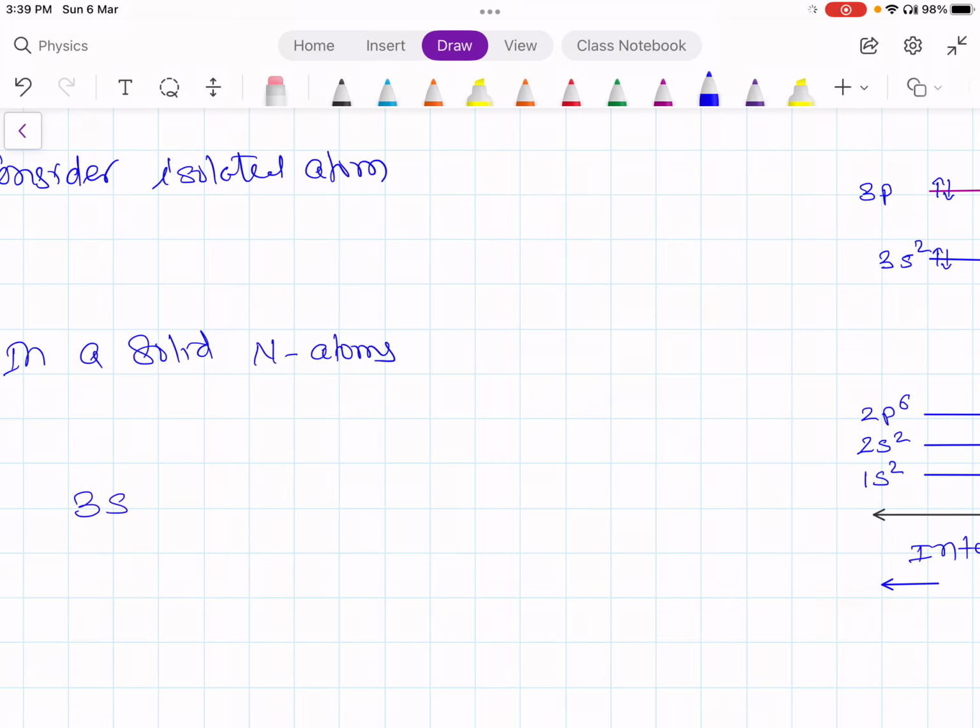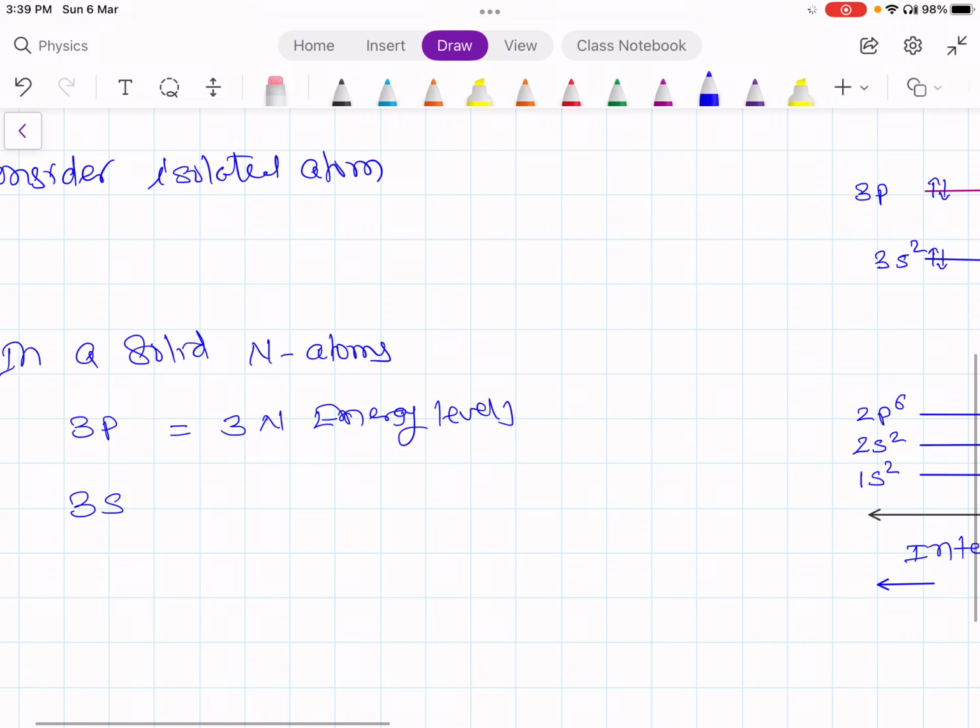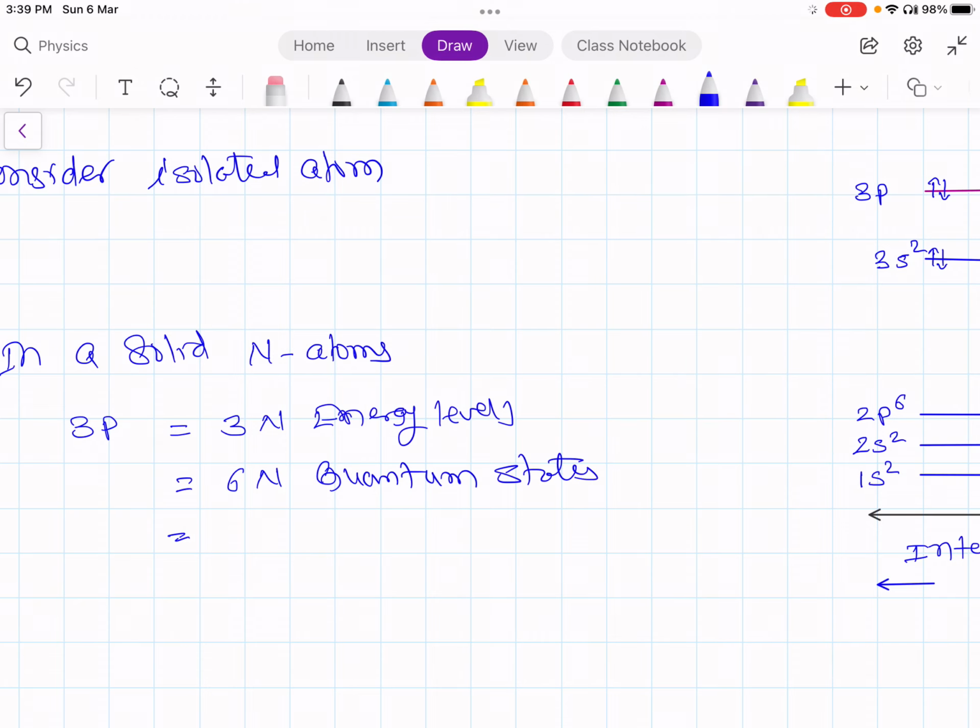First 3p splits. This 3p will be having 3n energy levels, and therefore 6n quantum states. Its capacity is it can accommodate maximum 6n electrons.